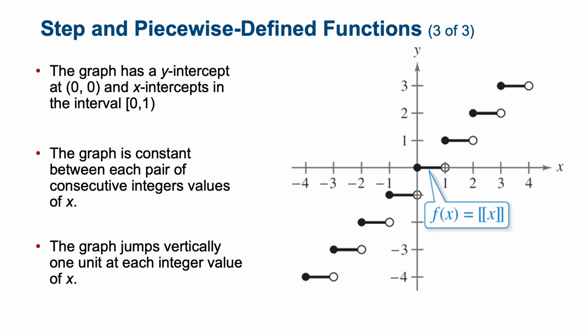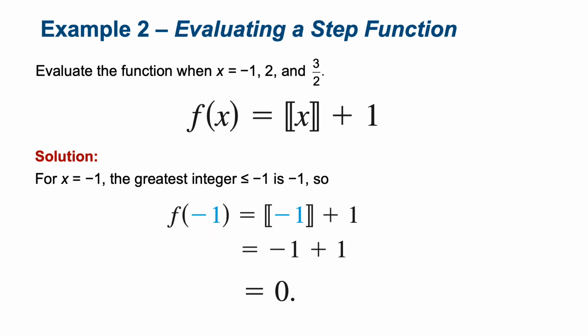So here, f of x is equal to negative 1. Here, the graph from 0 to 1 is 0, right? Okay, and the graph jumps vertically 1 unit at each integer value of x.